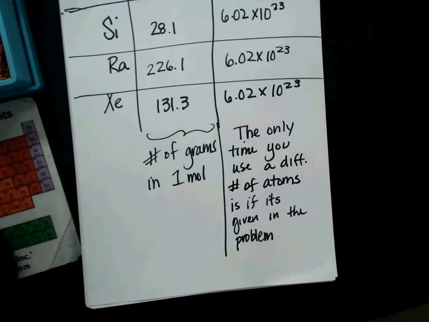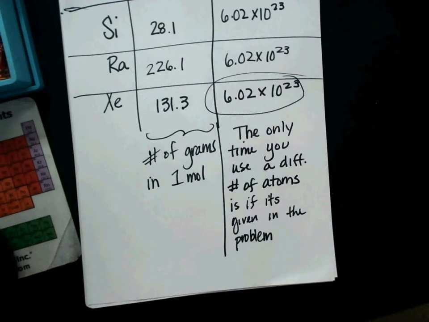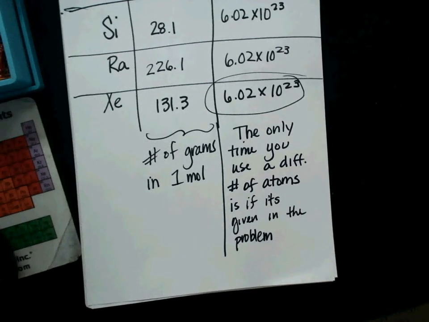Always, within the problem, you will use 6.02 times 10 to the 23rd unless the problem starts by telling you you have 3 times 10 to the 28th atoms of. That is the only time you won't use this number when we work these problems.